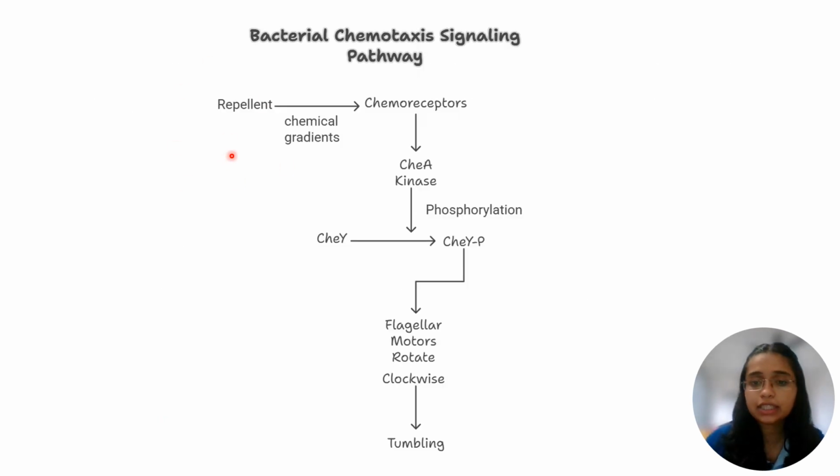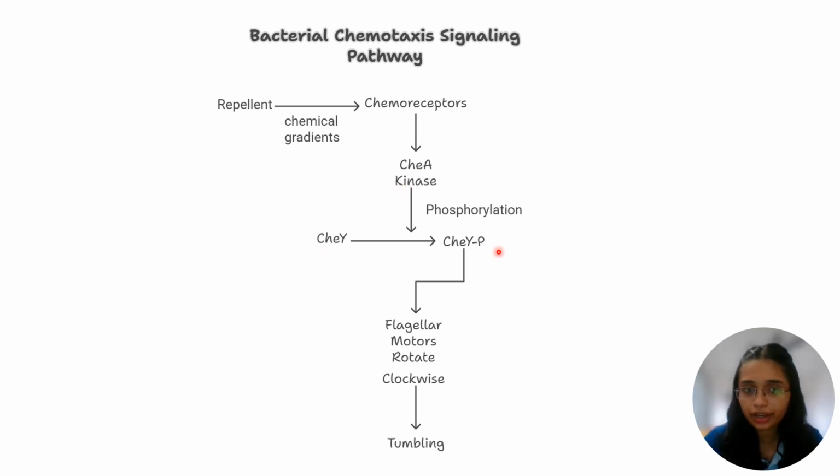Repellents. As we saw earlier, repellents are harmful chemicals. So bacteria have to get away from these repellents. When the concentration of these repellents is high, it creates a chemical gradient which can get sensed by these chemoreceptors. Now this chemoreceptor activates this CheA kinase. Now this CheA kinase phosphorylates this CheY.